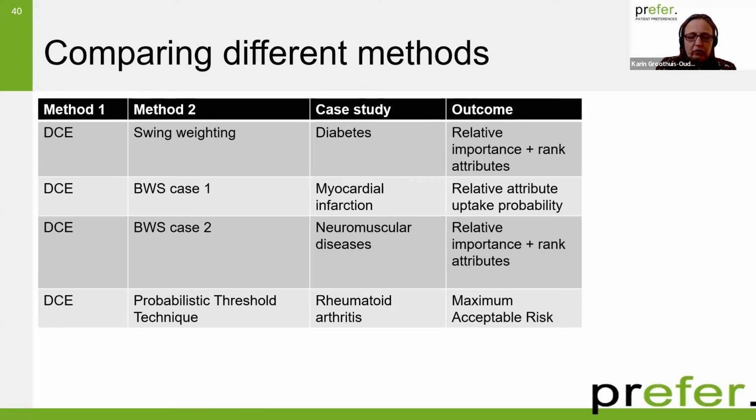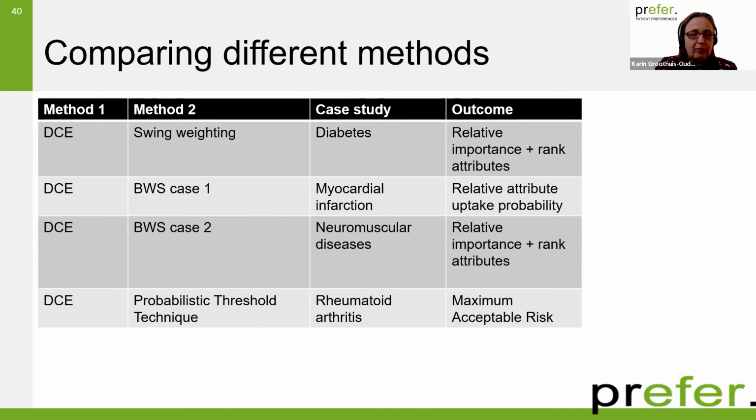So for example, in the last comparison, in the rheumatoid arthritis case study, we could derive the maximal acceptable risk, as that is the natural outcome for the PTT technique. And that can also be calculated for the DCE if there is a risk attribute in the DCE as a secondary outcome. But for the swing weighting, for example, one can only calculate a relative importance or a ranking, but not a maximal acceptable risk.